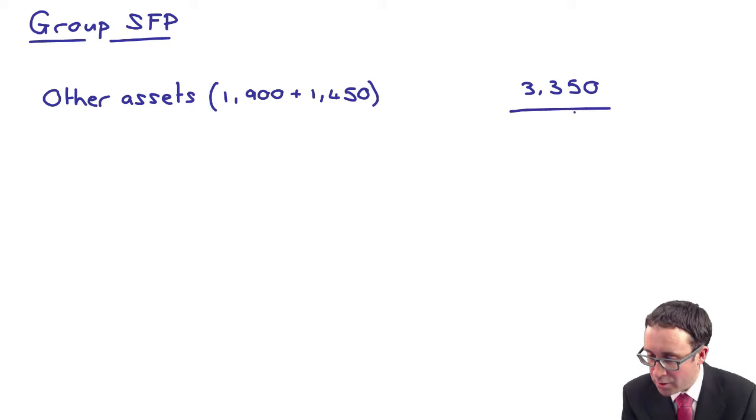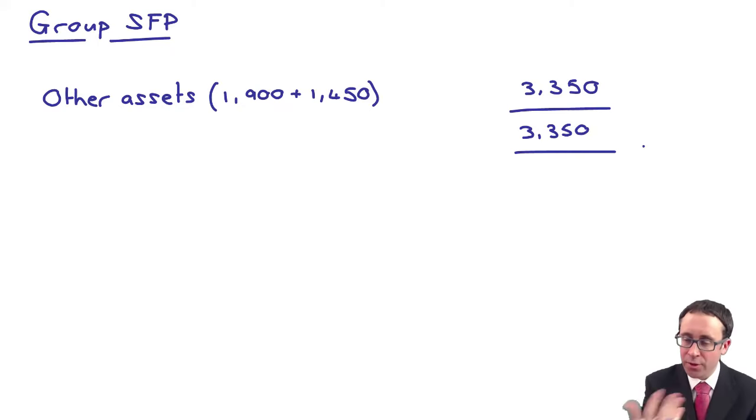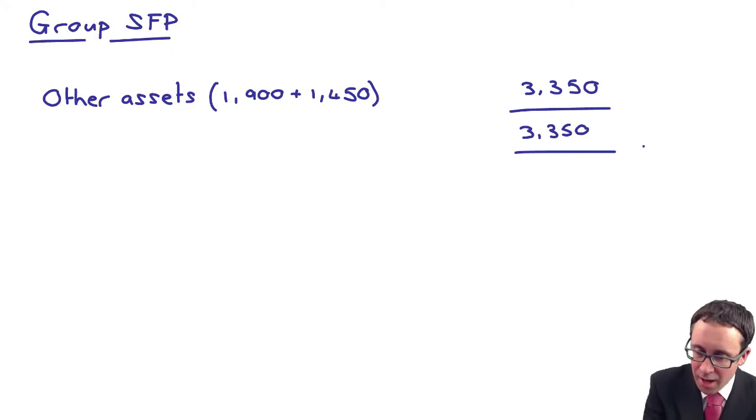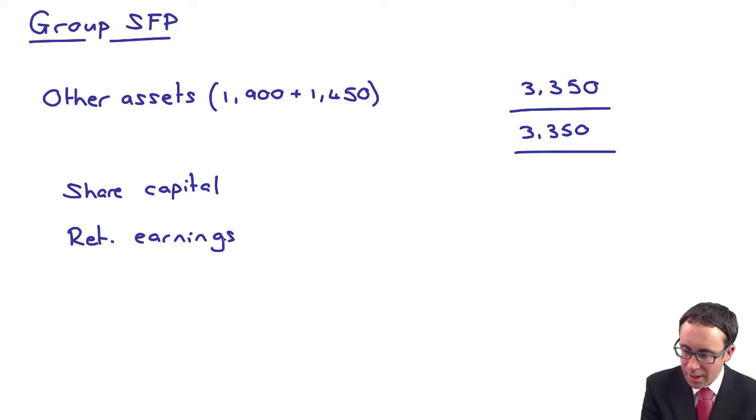So again, approaching it in the same way as before, just looking at the total assets, looking at the liabilities at the bottom. What I'll do is, just to give myself enough space, I will make sure that I put in the other sections as well. So do we have share capital? Do we have your retained earnings? Leave a line, you will see why in a moment.